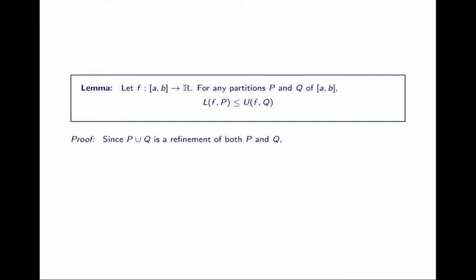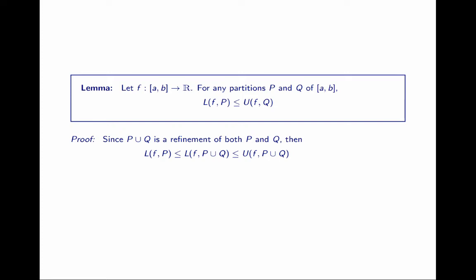And for the proof, we're going to use the previous lemma. If I take P and Q and put them together, then I have a refinement of both P and Q. That means the lower sum of the refinement, P and Q together, is greater than or equal to the lower sum of just P. And that's less than or equal to the upper sum of f over the same refinement, right?